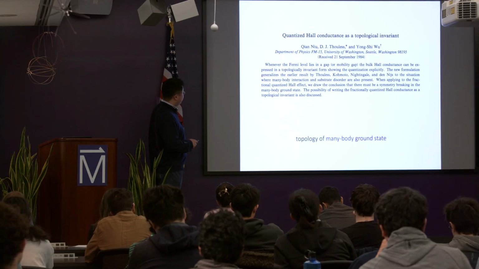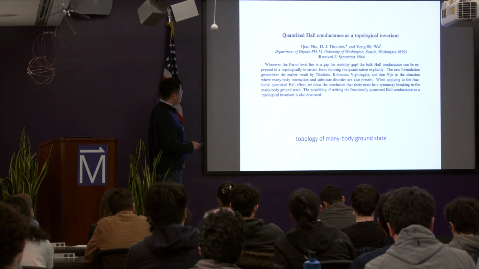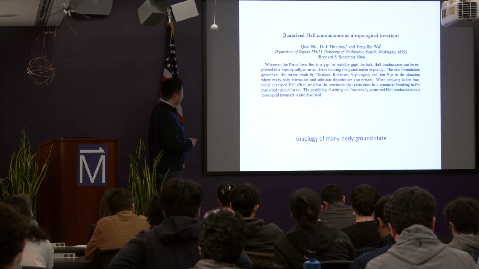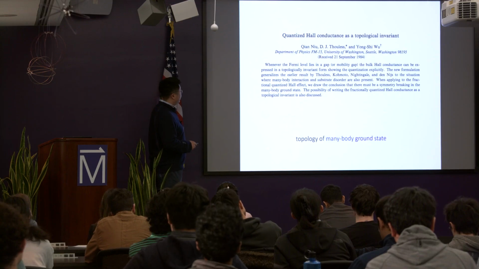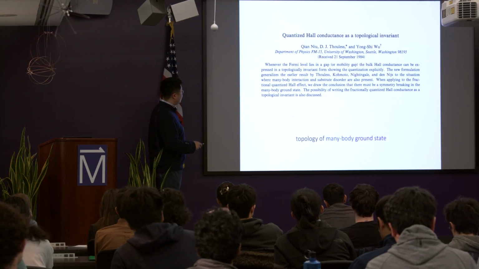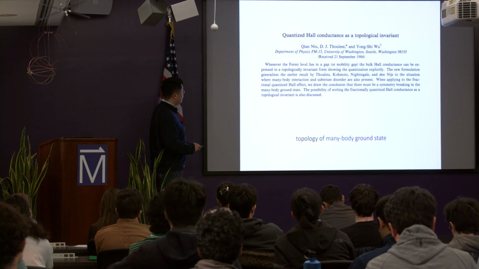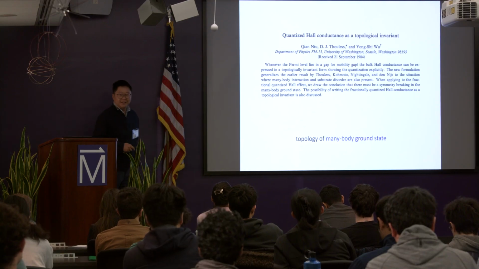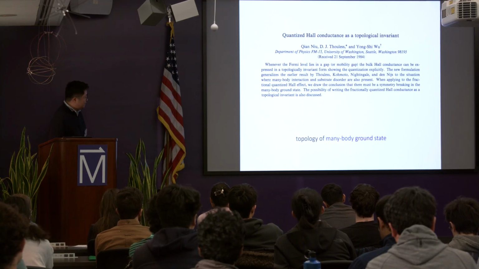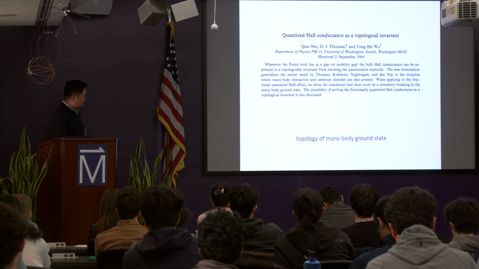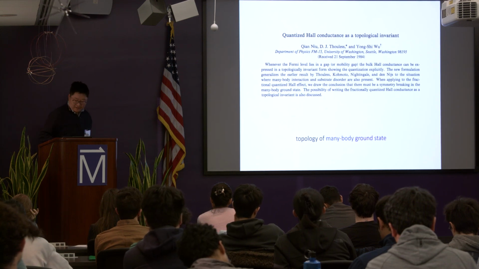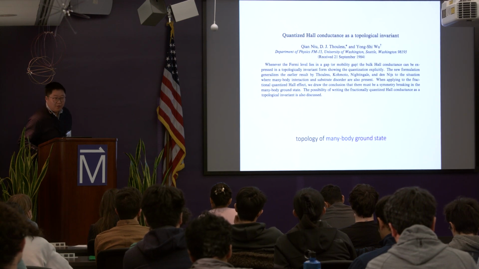So whenever the Fermi level lies in the gap, the bulk Hall conductance can be written as a topological invariant, and this applies to the integer quantum Hall effect as well as the fractional quantum Hall effect. So really, the quantization of the Hall effect has a topological origin that's tied to the many-body wave function of the system.